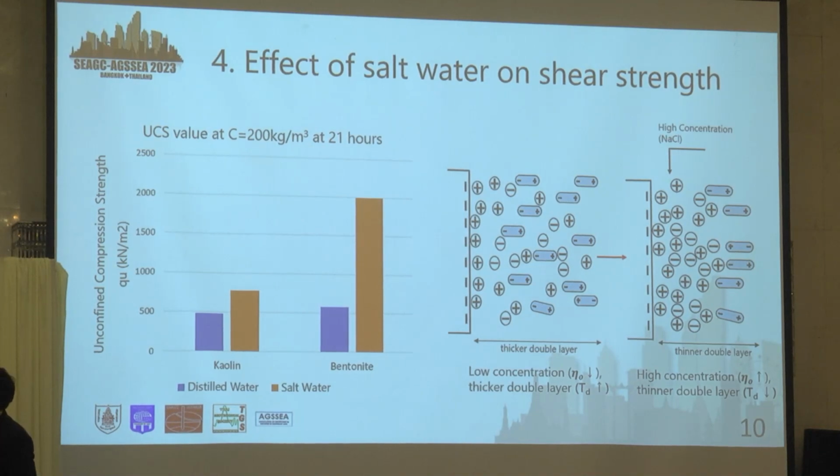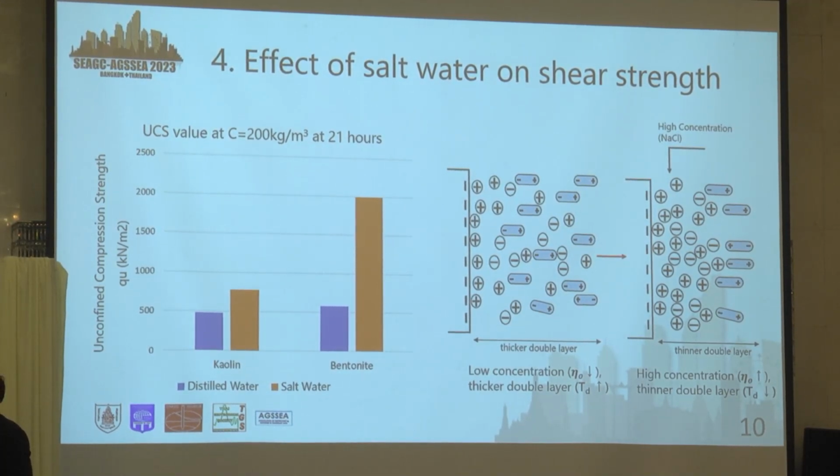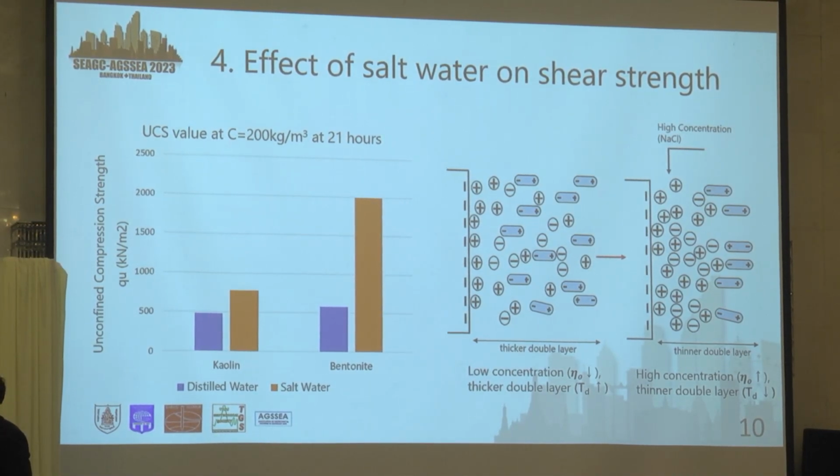Next, this is the effect of salt water on the strength. Here you can see two types of soil with distilled water, kaolin and bentonite. In kaolin, the salt slightly increased the UCS value, meanwhile in bentonite, it increased significantly.